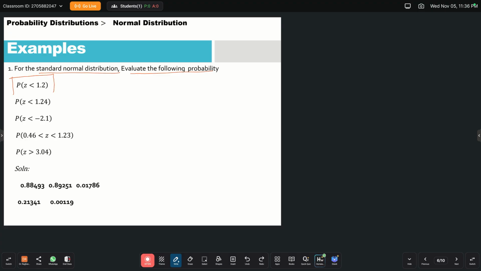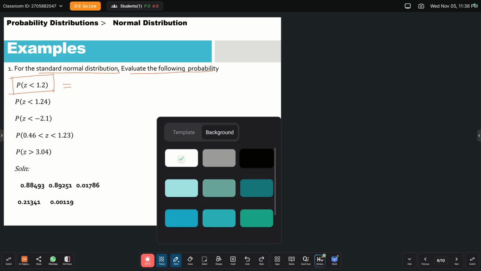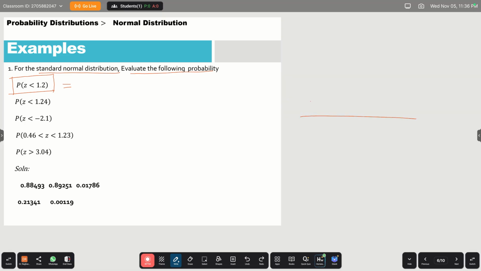Probability that z is less than 1.2. My normal distribution curve is like this, and 1.2 is somewhere here. Z less than 1.2 means the area to the left of the point 1.2, that is, from minus infinity to 1.2. So I need to find the area from minus infinity to 1.2.